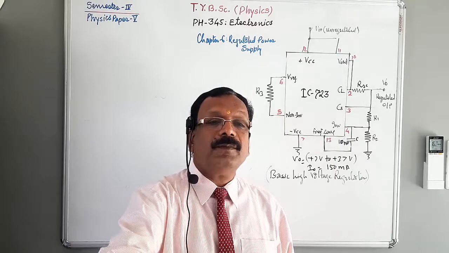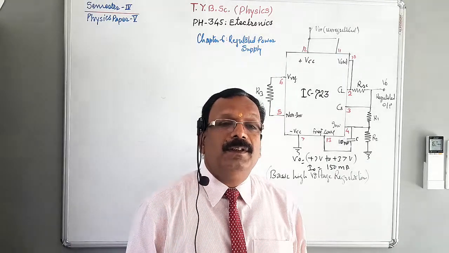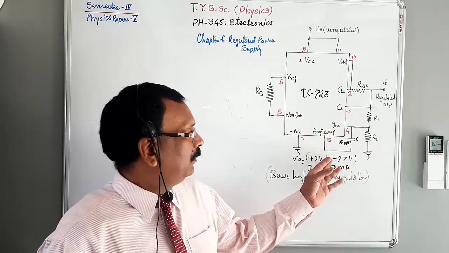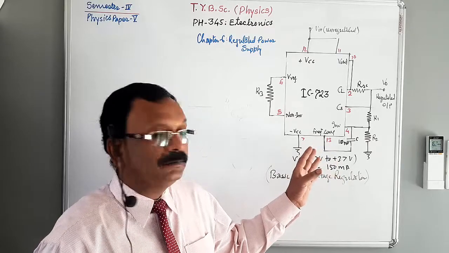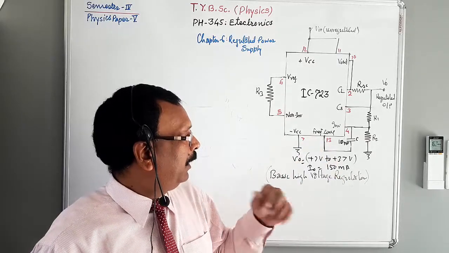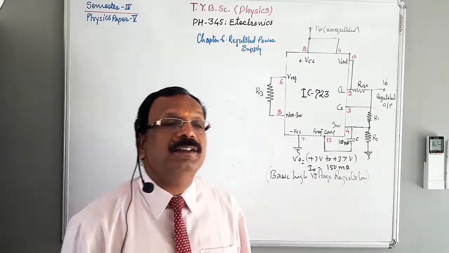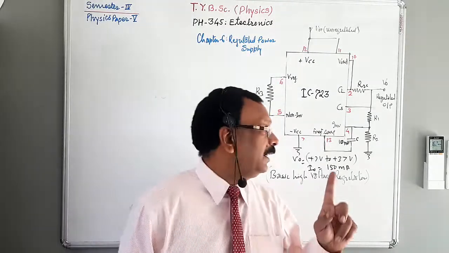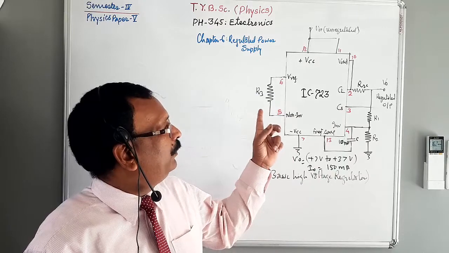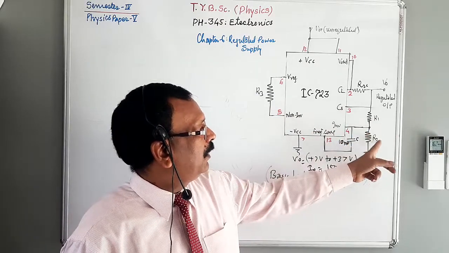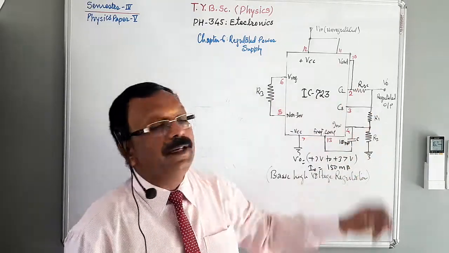Okay. Now, in order to have the proper output voltage from this circuit, we should select the proper values of the resistors R1, R2, R3 and RAC.